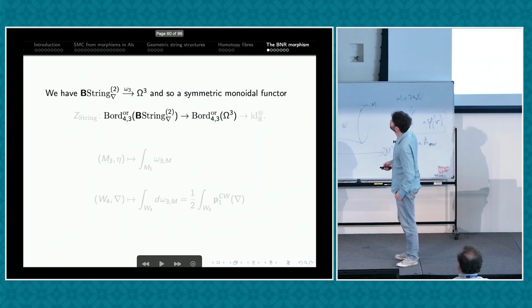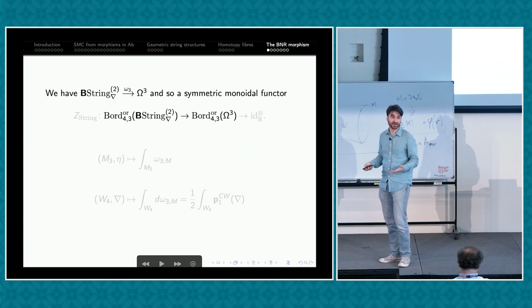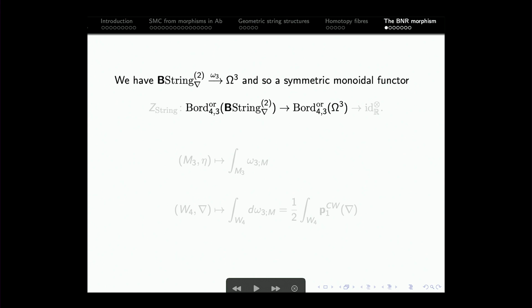It's useful because now we can put everything together and get our formula. Remember that starting with geometric string structures, we had this canonical map to 3 forms. So taking bordism, we go from bordism with target geometric string structure to bordism with target 3 forms.